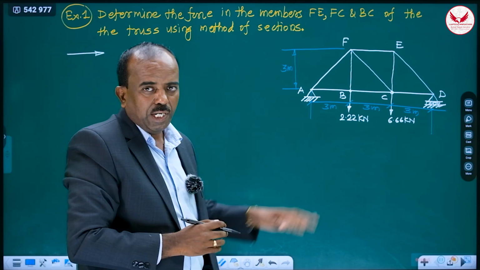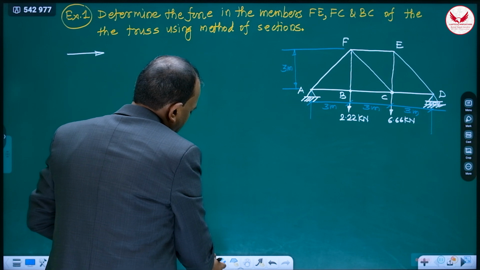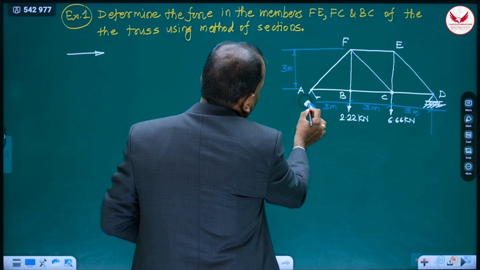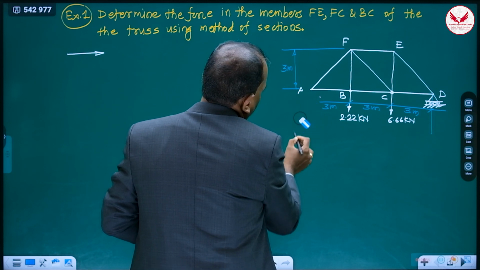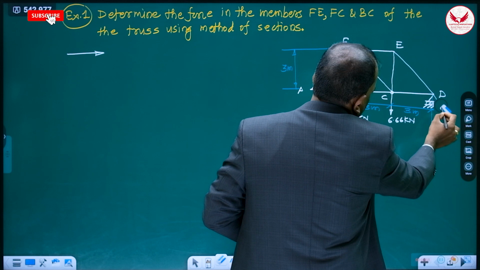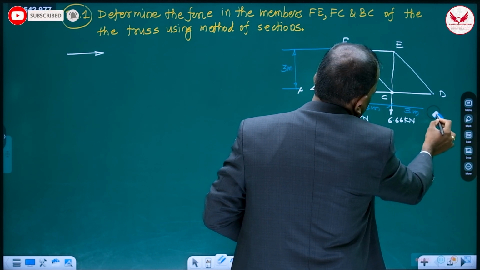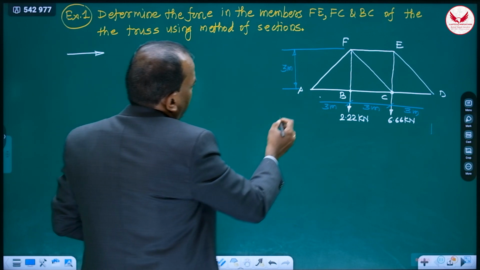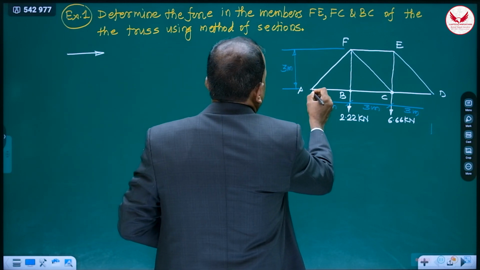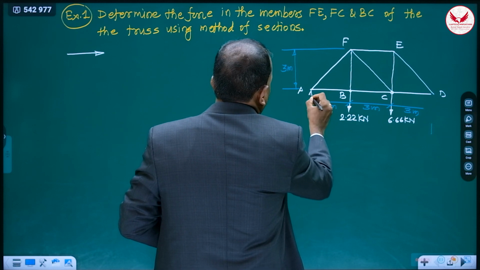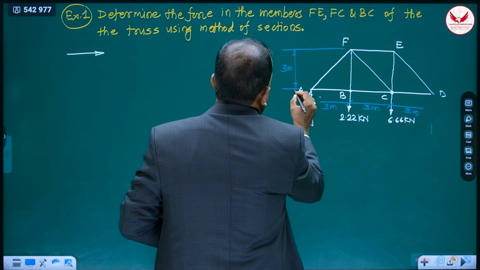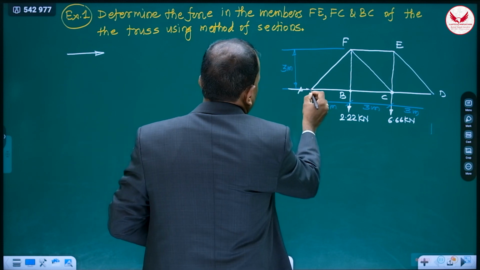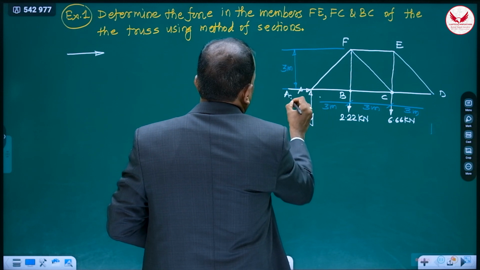So in the solution, very first step is what? You have to draw the free body diagram. Free body diagram means what? Simply, you have to remove these supports. Means at A, hinge support was there, so it is replaced by AY and the reaction AX.